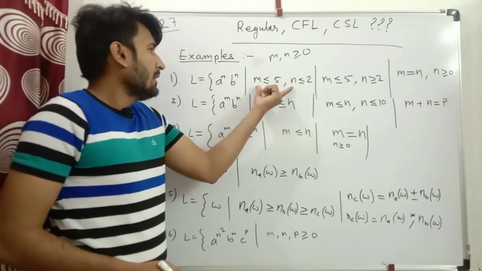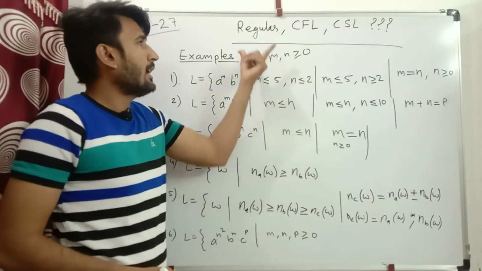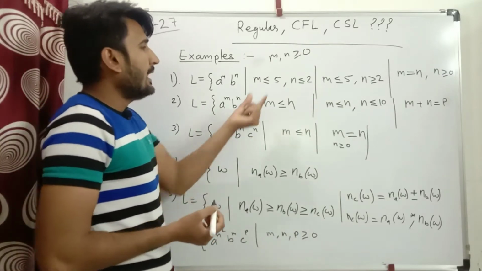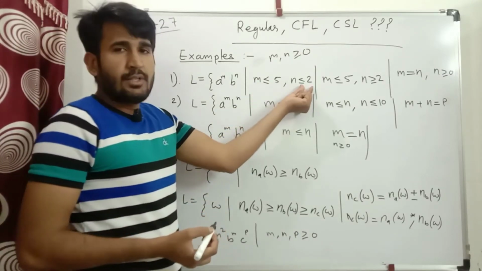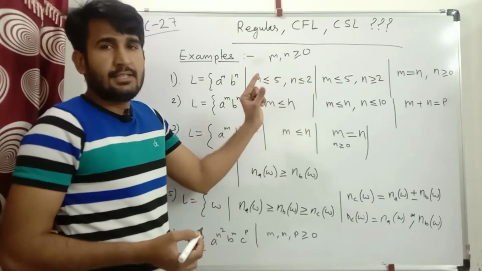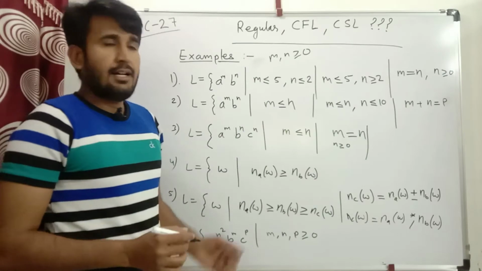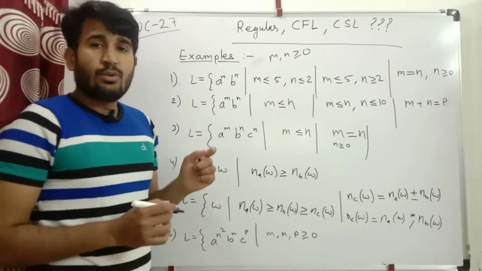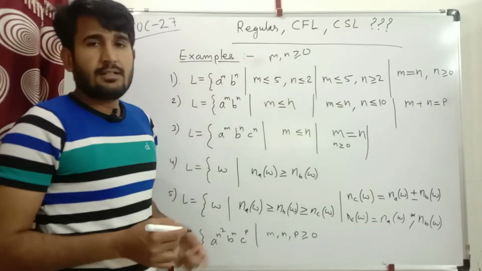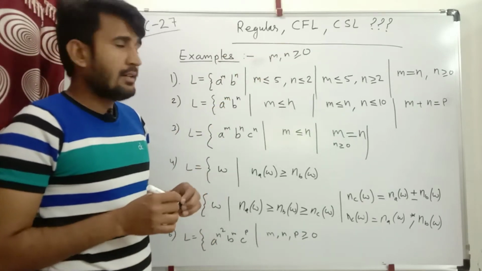Tell me, which type is this: regular, CFL or CSL? Let's see. An upper bound is given, so this is not an infinite language, this is a finite language. In the previous video I told you the tricks for how to identify which language is given.